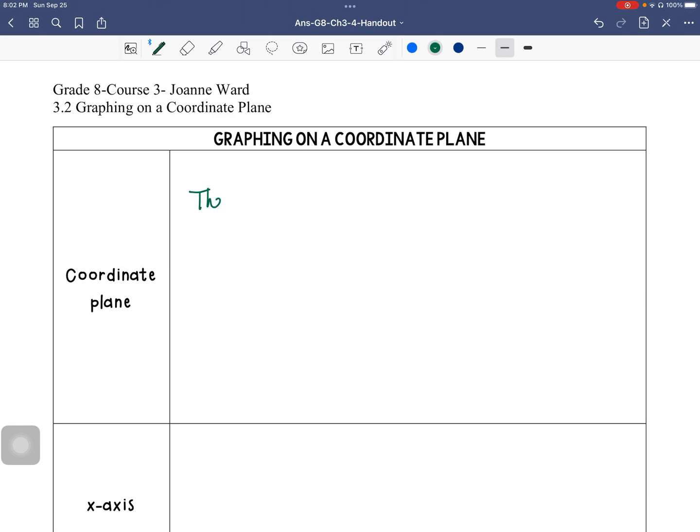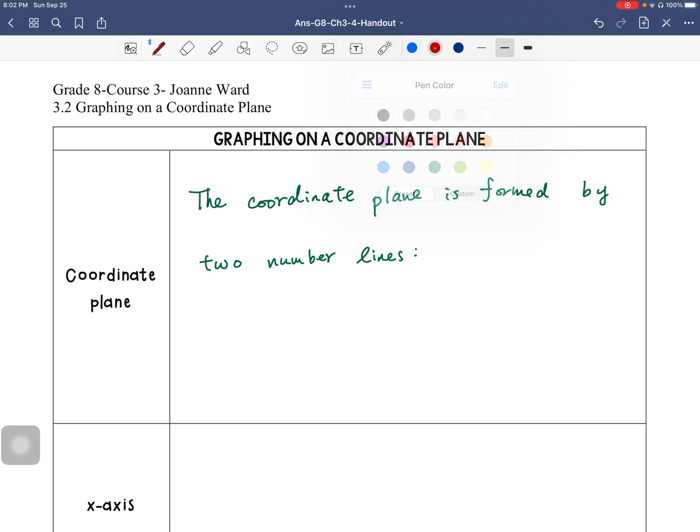So the coordinate plane is formed by two number lines, the x-axis and y-axis.